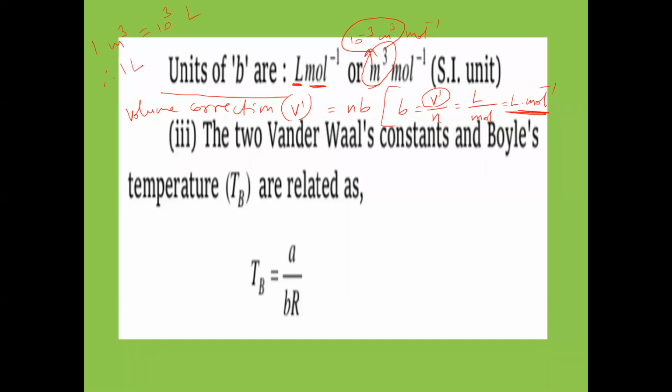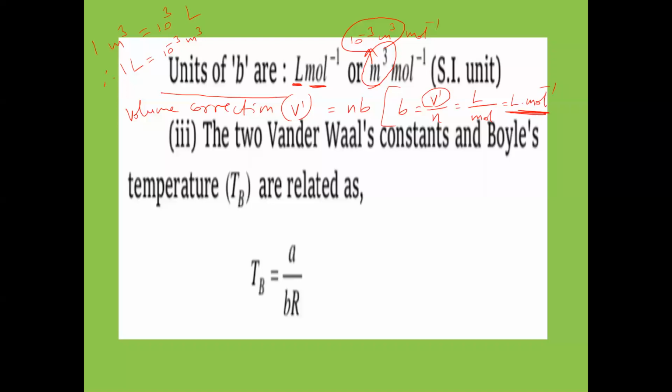Therefore, 1 liter is equal to what? 10 power minus 3 meter cube. So in place of liter, we can write 10 power minus 3 meter cube. So 10 power minus 3 meter cube is equal to 1 liter. Keep that point in mind.